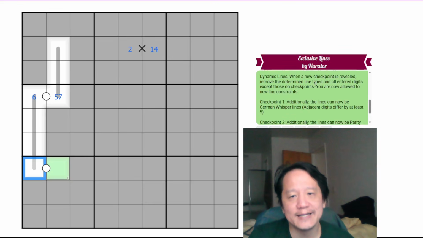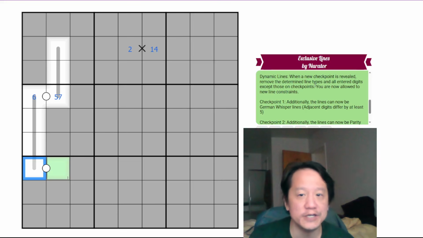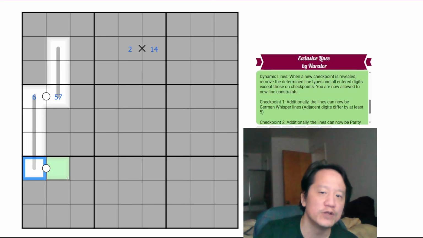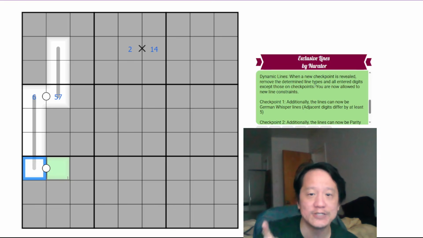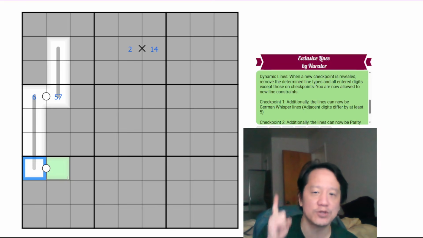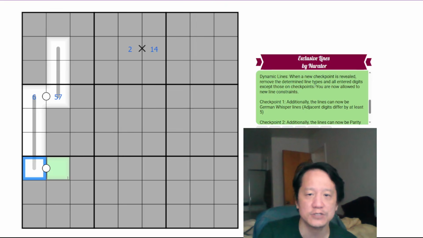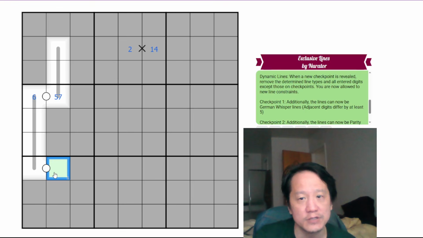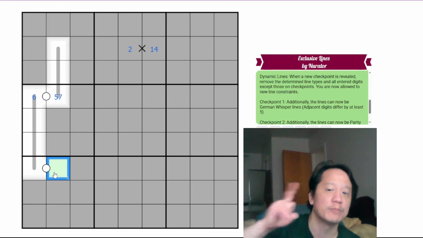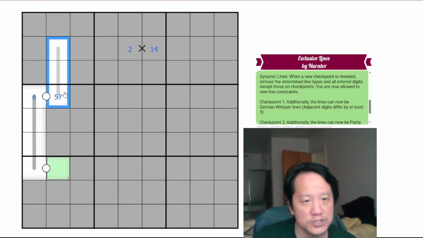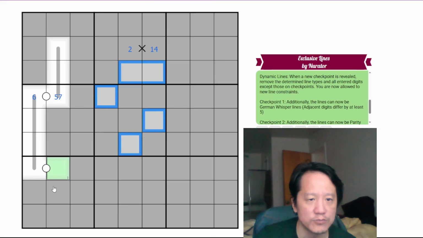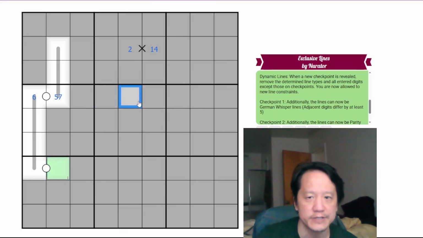We have dynamic lines. When a new checkpoint is revealed, remove the determined line types and all entered digits except those on checkpoints. So all these digits stay the same until we see a new checkpoint, which is a green square with a number in it.